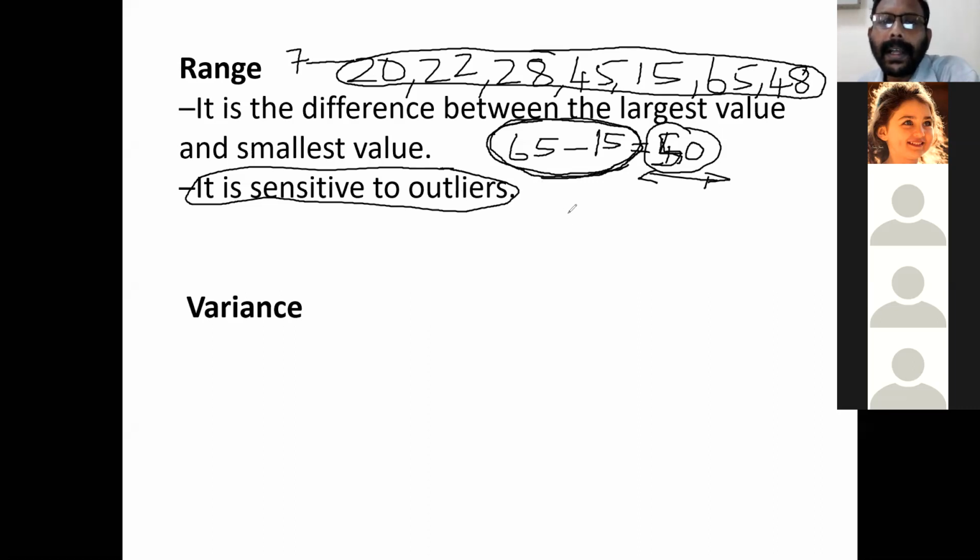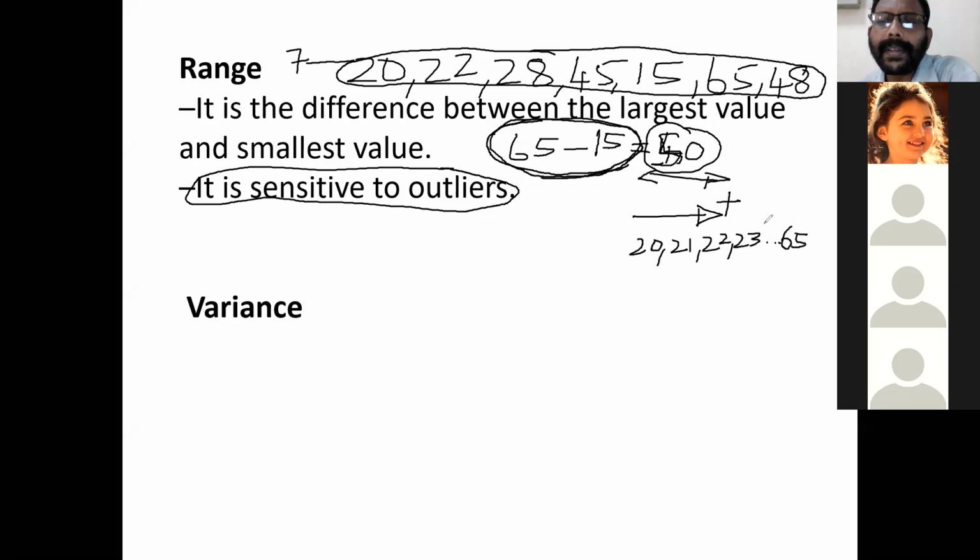Yesterday we saw some outliers in the positive direction. For example, we saw ages in a class: 20, 21, 22, 23, and I can't remember the other values, but the largest value is 65.